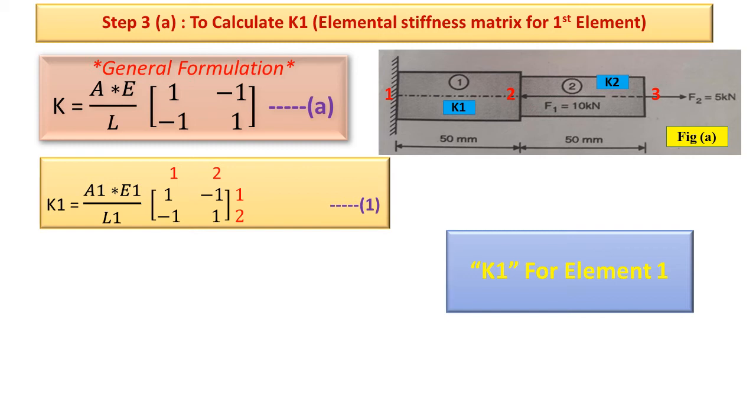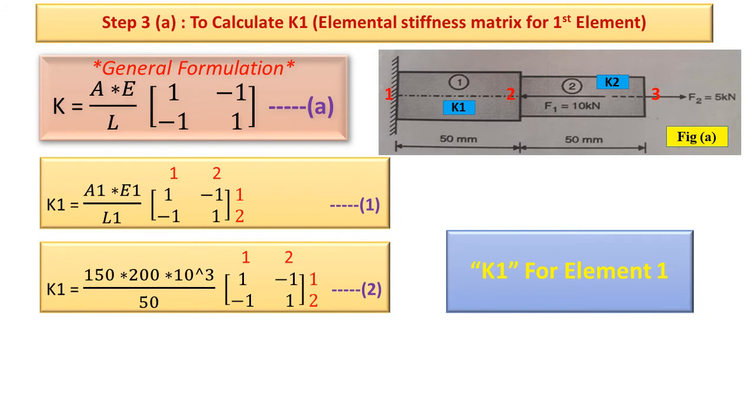While this 1 2 and 1 2 represent nodal position, that this K1, the first element, lies between node number 1 and node number 2. That's why it is 1 2 1 2, as well as it represents the location: first row, second row, first column, second column.